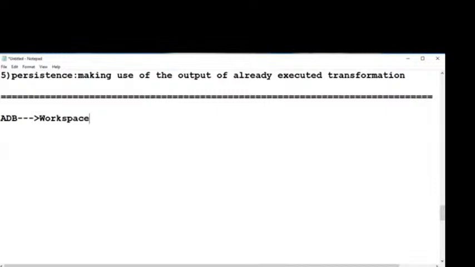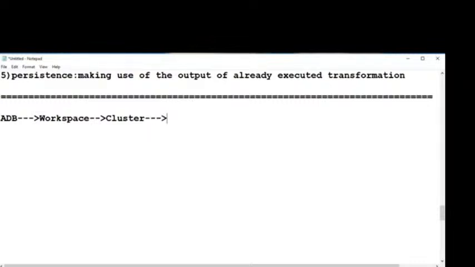A workspace is where multiple users, like a data scientist and a data engineer, can interact with each other. After workspace creation, you are going to create a cluster. A cluster means a driver node and multiple worker nodes.